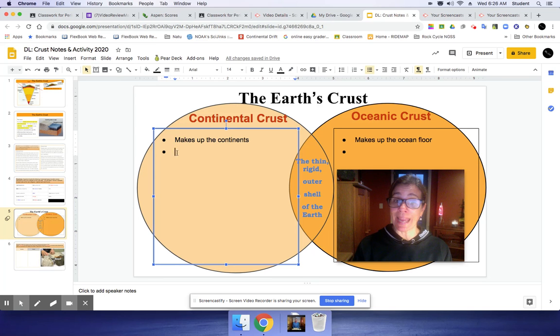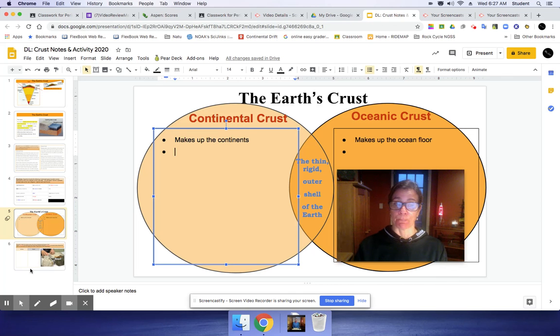You should again have 7 items from slide number 4 that you're going to add to the continental crust, and 7 items you'll add to the oceanic crust. I've started each one for you. The continental crust makes up the continents. The oceanic crust makes up the ocean floor. You're going to add 7 more items for each side. So there's going to be a total of 8 items, or descriptions, on both the continental and oceanic crust.